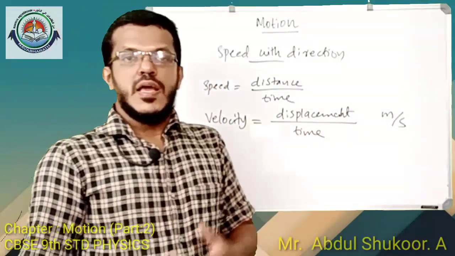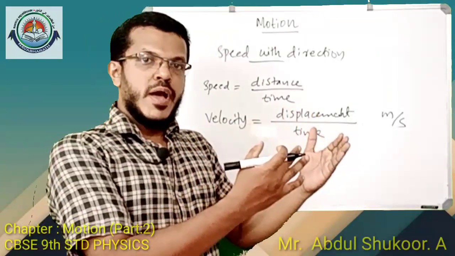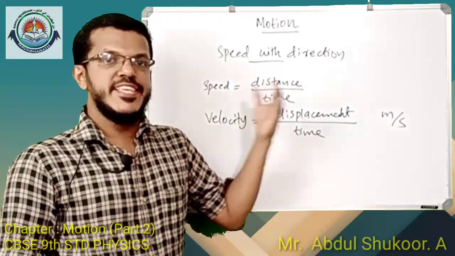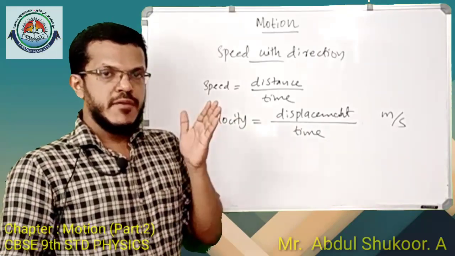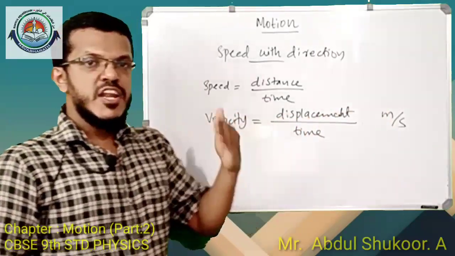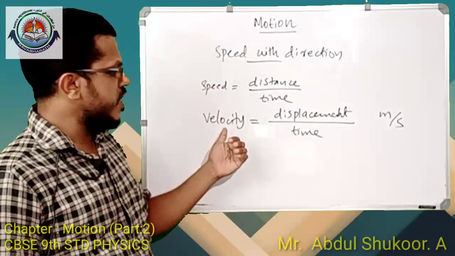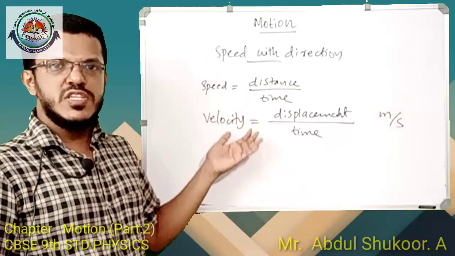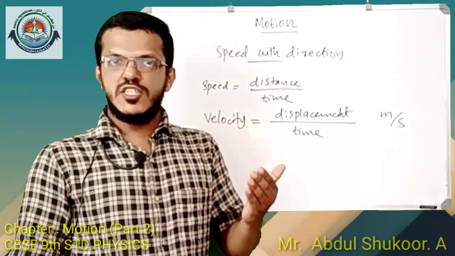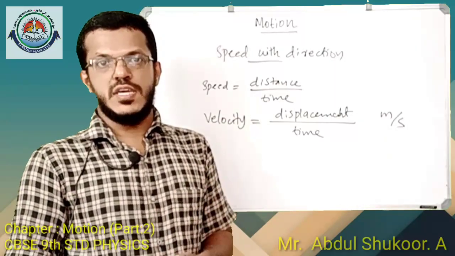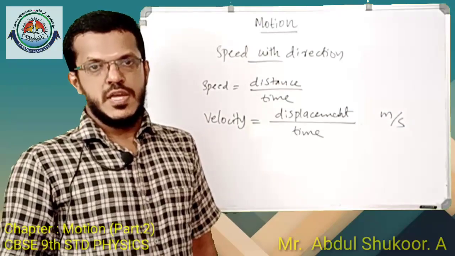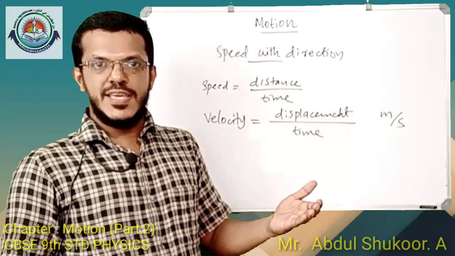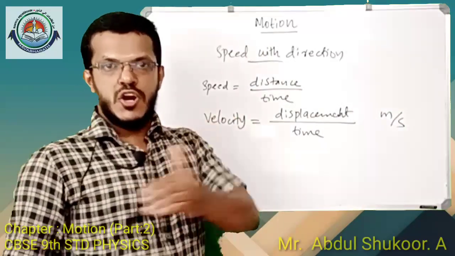Like speed, velocity may be uniform or non-uniform. If an object moves in a straight line and the value of speed changes, that means the velocity also changes. If the direction of the motion changes, then velocity also changes. It may be uniform velocity or non-uniform velocity. If the direction or magnitude of speed changes, that is non-uniform velocity.